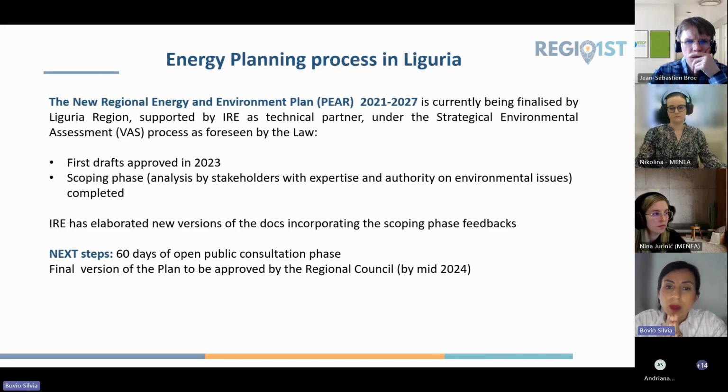The open public consultation phase will be open, I think, in a couple of weeks, and then there are 60 days of open consultation phase. So every stakeholder, but also the associations of citizens or free citizens, will be able to give their feedback on the version of the plan, and so the final version of the regional plan will be approved by the regional council.